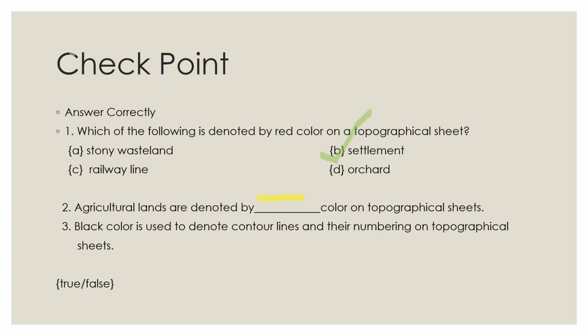Black color is used to denote contour lines and the numberings on topographical sheets. So this is false because the brown color is used to denote contour lines and their numbering. The rule of topographical maps is that contour lines should be denoted by brown color, but sometimes on other maps they are shown by black color.